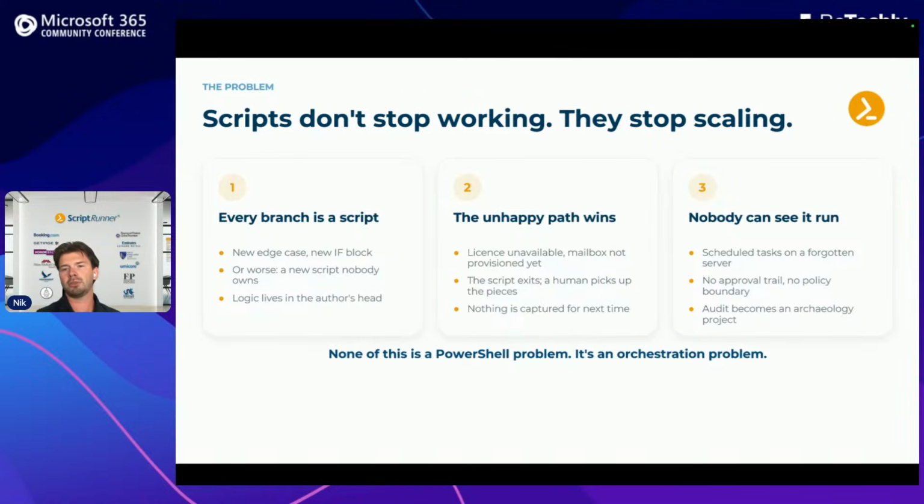For example, we have scheduled tasks on a forgotten server. No approval trail, meaning that everything is executed without anyone's approval. No policies, and as a result of it, audit and debugging becomes a difficult project. But none of this is a problem of PowerShell or whatever scripting language you're using. This is more of an orchestration problem.